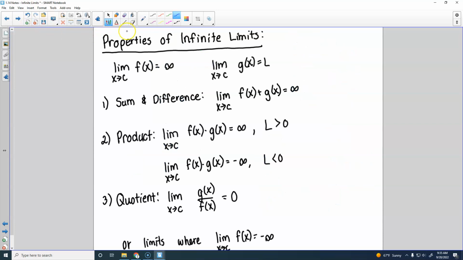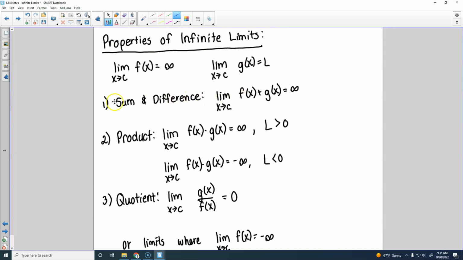All right. A few properties of infinite limits. Here they're telling us that the limit as x approaches c of f of x equals infinity, and the limit as x approaches c of g of x equals L, an actual number, right?